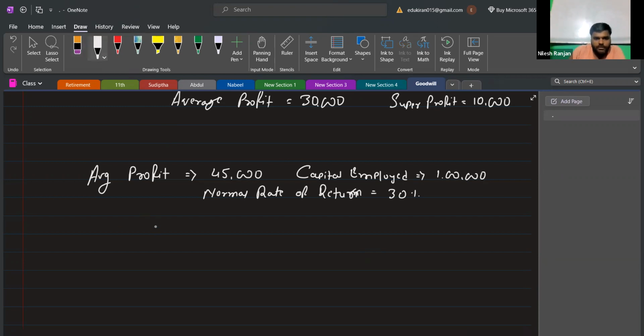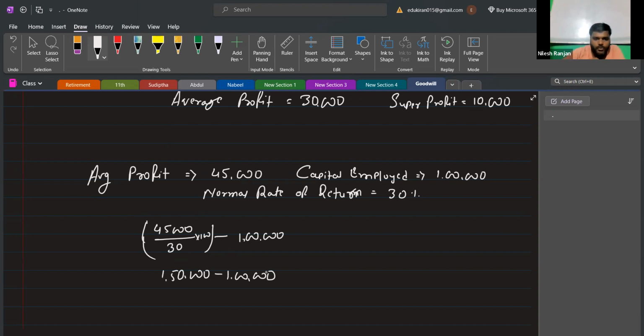So you have done 45,000 divided by 30% minus 1 lakh. Yes, 30%, so it is into 100. So you will get 1,50,000 minus 1 lakh.